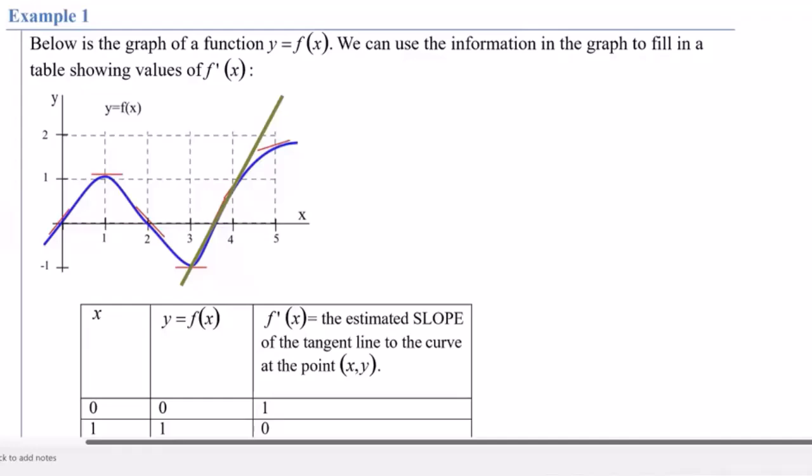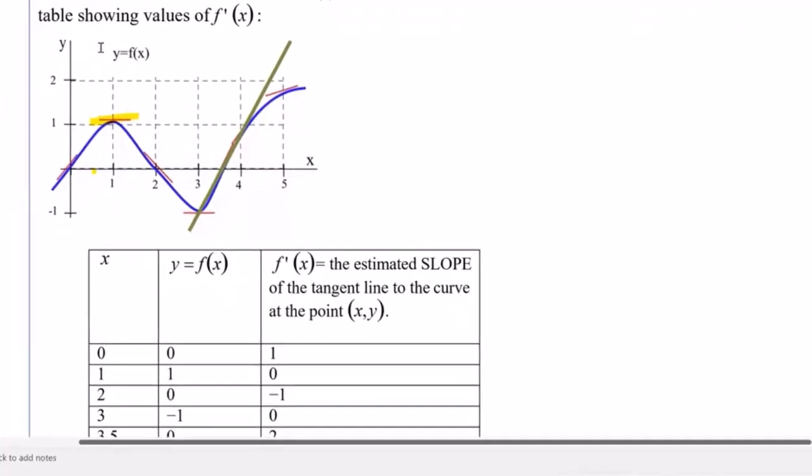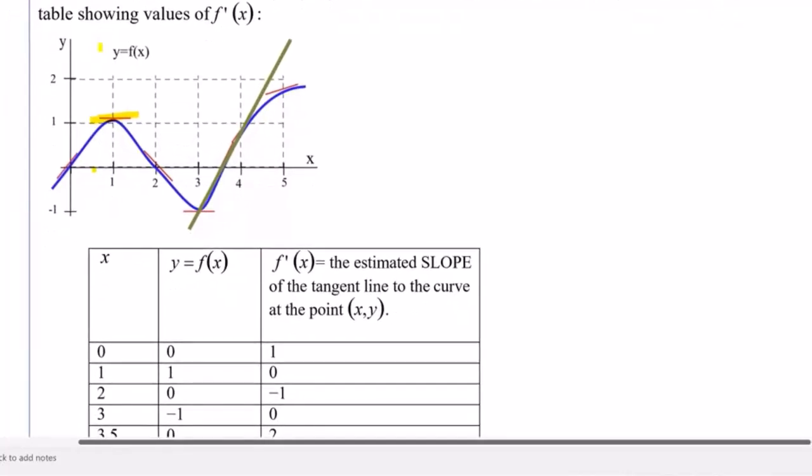Okay, then we're here at the top. And we're looking at that line, which is the tangent line there at the curve, remember, where it turns. And that's a horizontal line, slope is 0. And at 3, we can also see there's a horizontal line and the slope is 0.